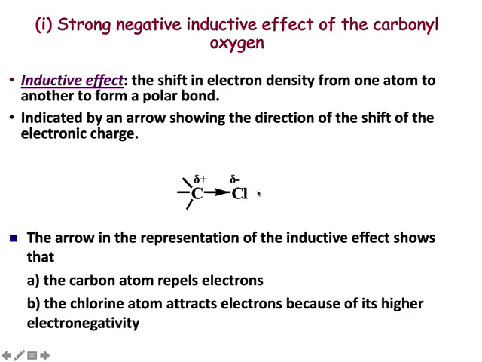As you can see, this chlorine has very high electronegativity, so its charge is negative. So this chlorine atom will attract the electron because of the higher electronegativity.